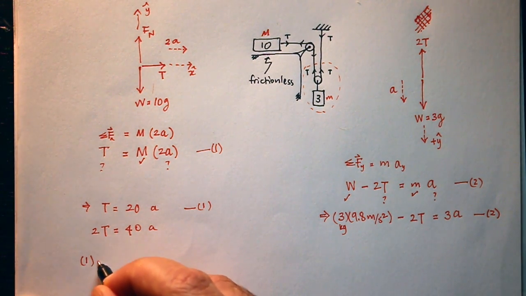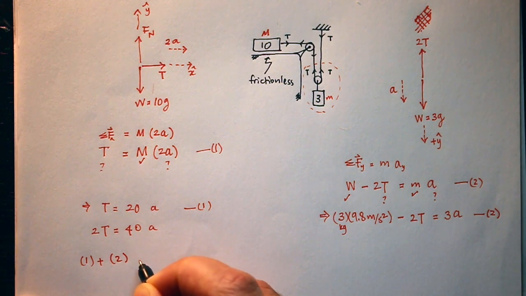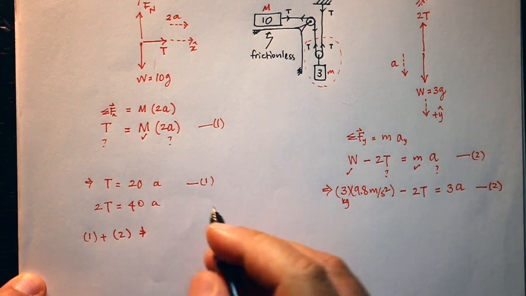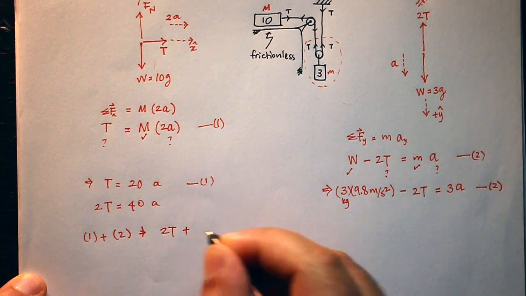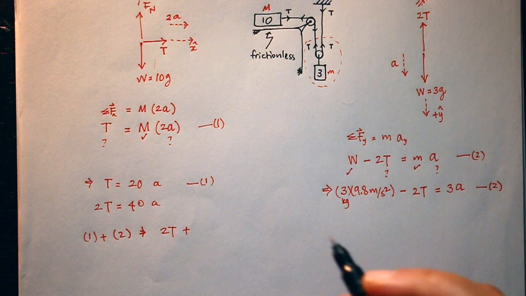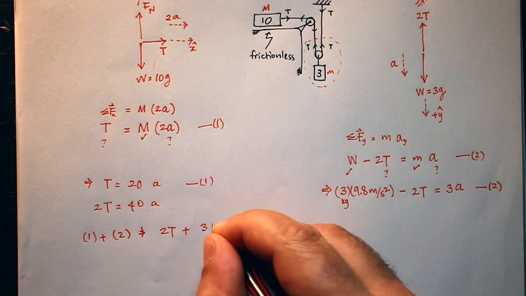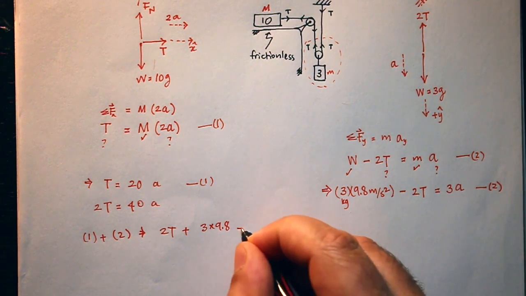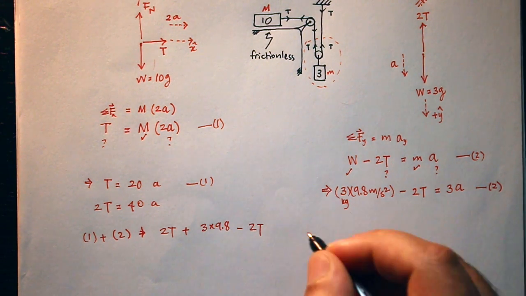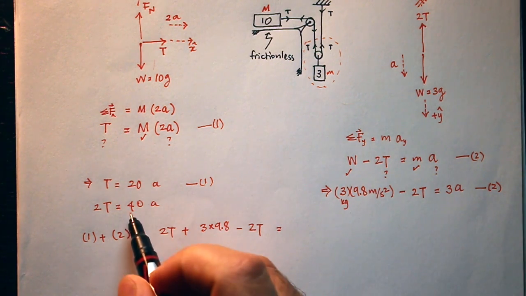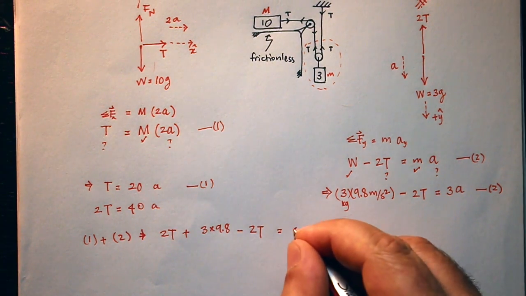So equation 1 plus equation 2 is 2T plus 3 times 9.8 minus 2T is equal to, I'm adding equations, so I have to add the right hand sides, and that's 40A plus 3A, that's 43A.